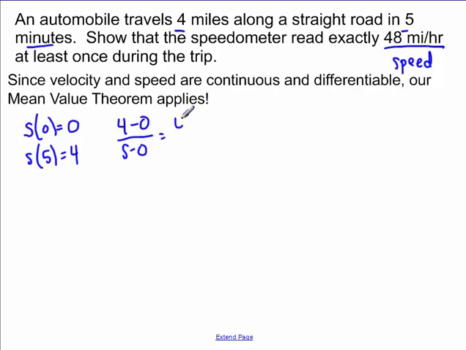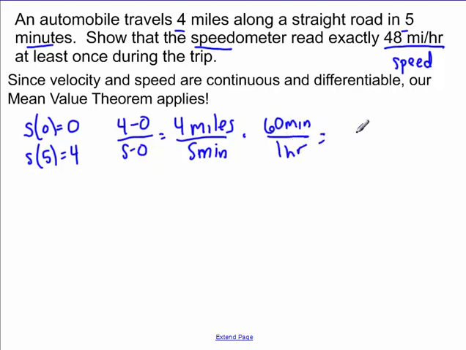So I went 4 miles in 5 minutes. Now we need to show that our velocity, or our speedometer, which is speed, showed exactly 48 miles per hour. So I need to multiply by 60 minutes in 1 hour, and simplifying that, we get 48 miles per hour.